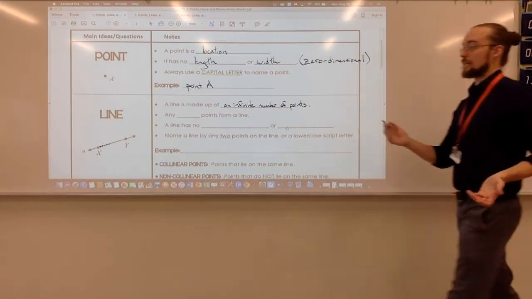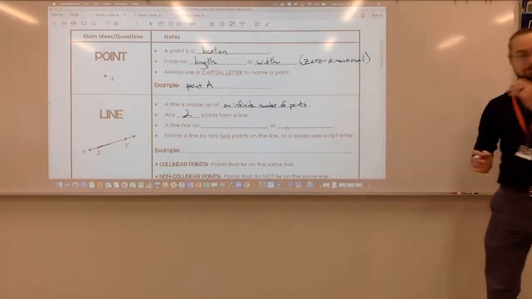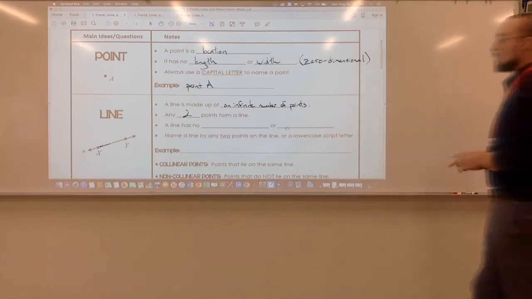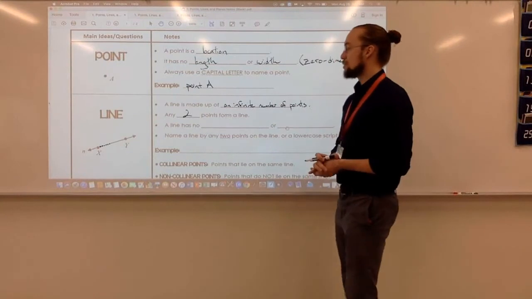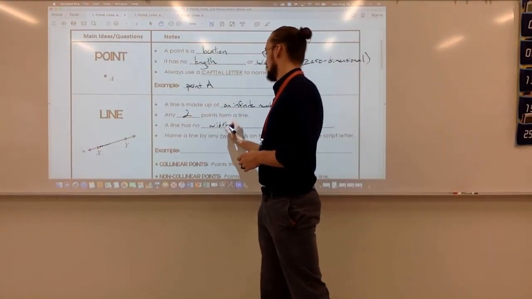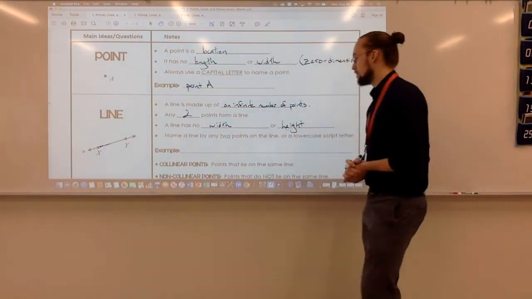Which is the second bullet. Any 2 points on a line. So a line has no width or height.